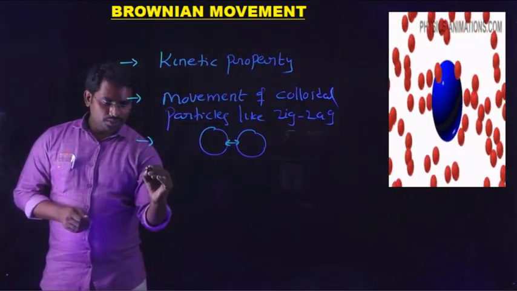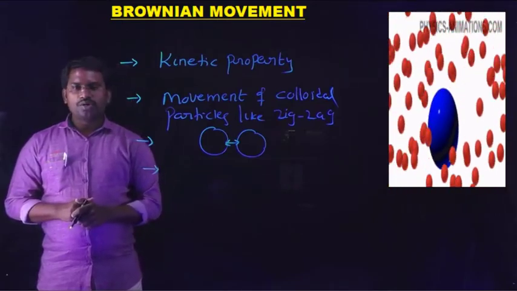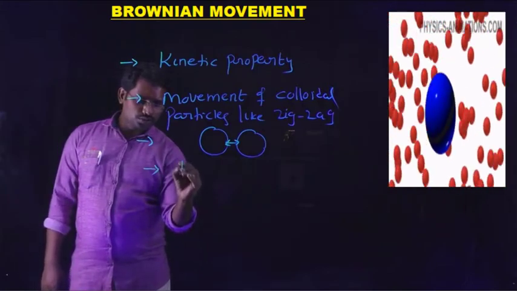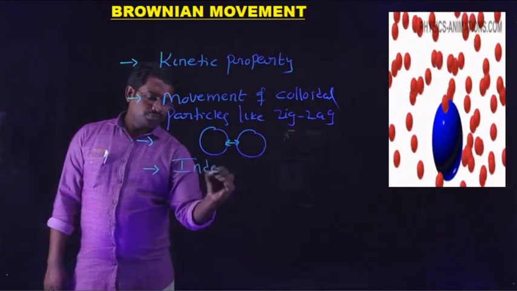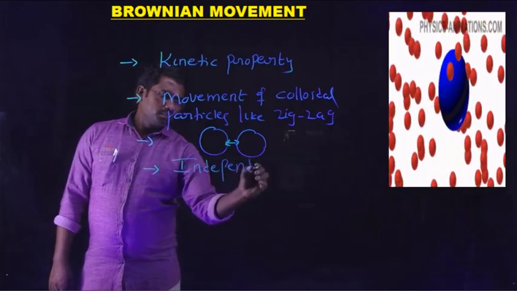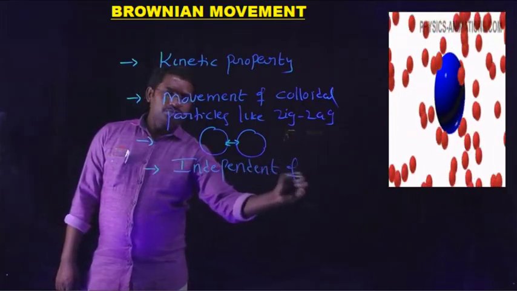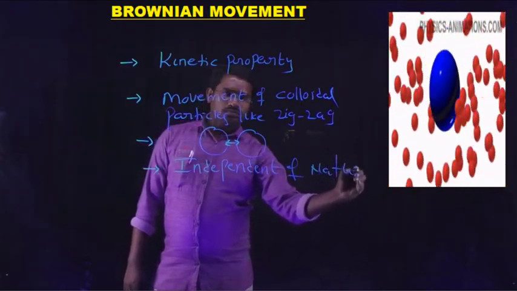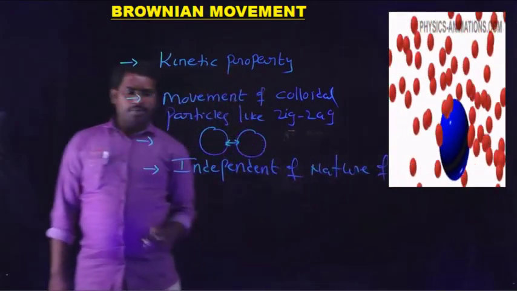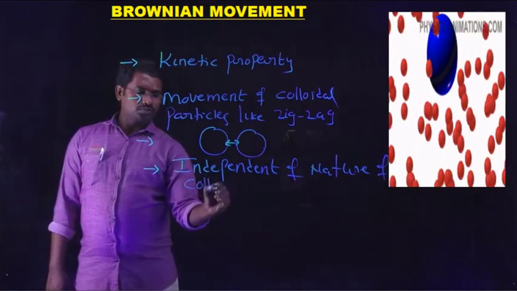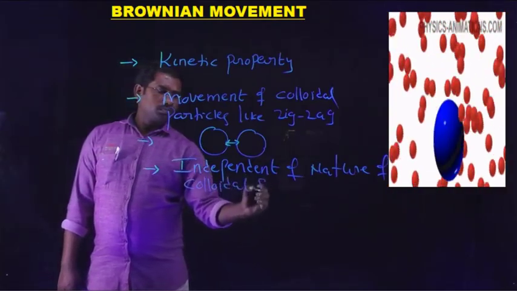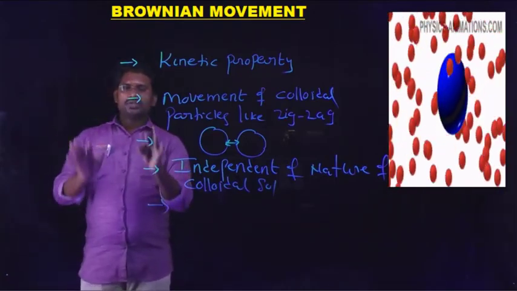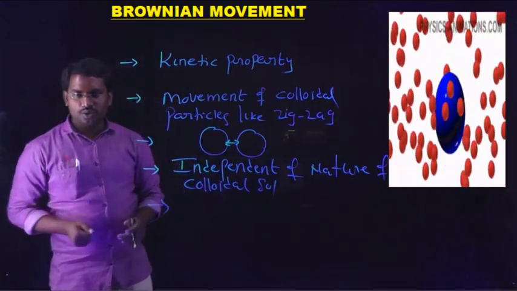Another important thing is that Brownian movement is independent of the nature of the colloidal solution. It depends upon the size of the colloidal particle and the viscosity of the colloidal solution.